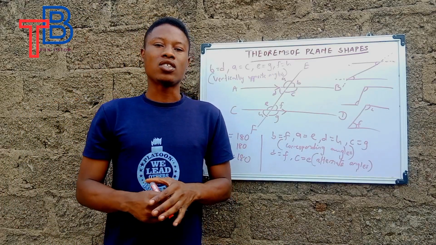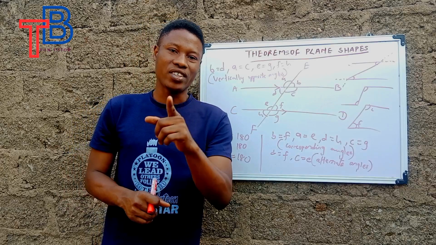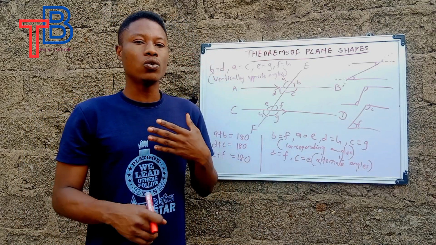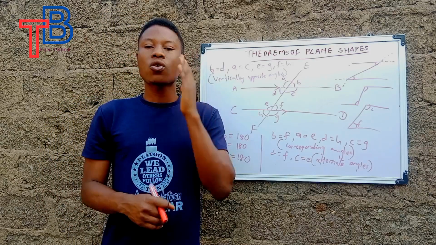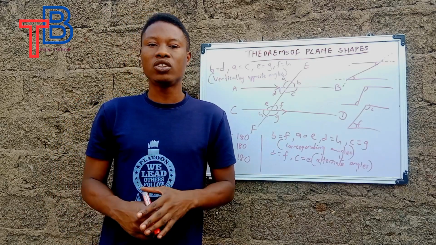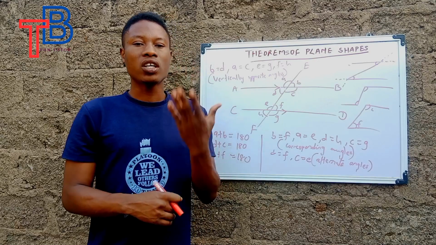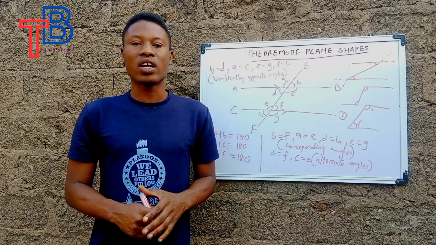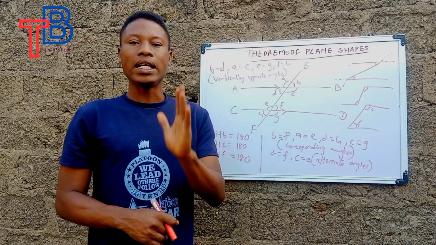And by that, co-interior angles are not the same, unlike the vertically opposite angle, the corresponding angle, or the alternate angle. But co-interior angles are supplementary angles. And when we're talking about supplementary angles, we are talking about two angles being added together to give you 180.